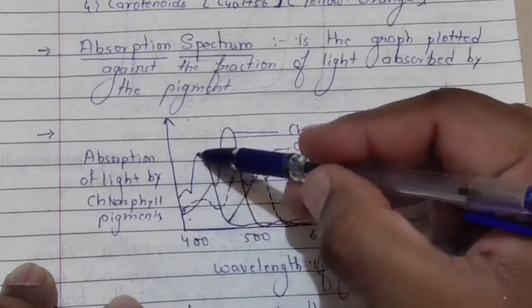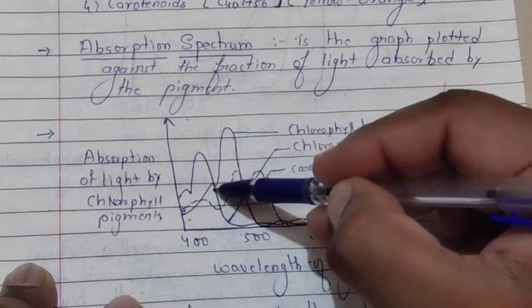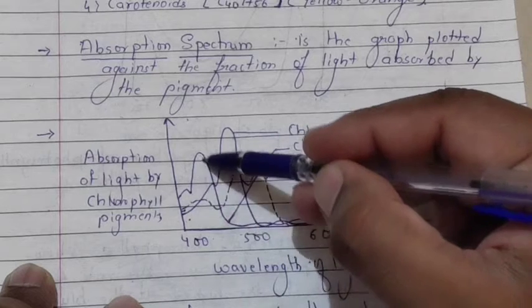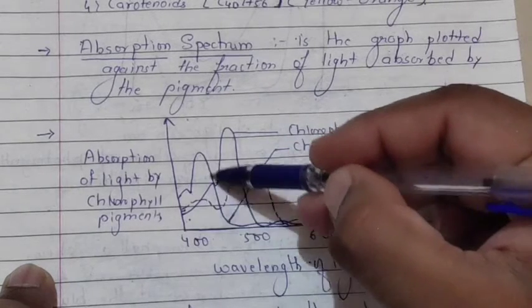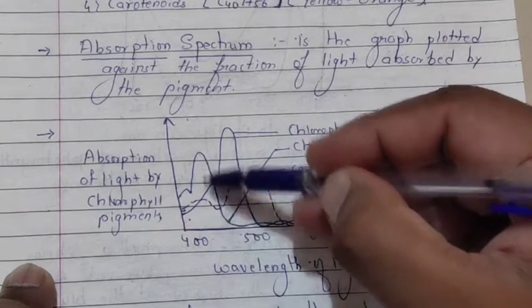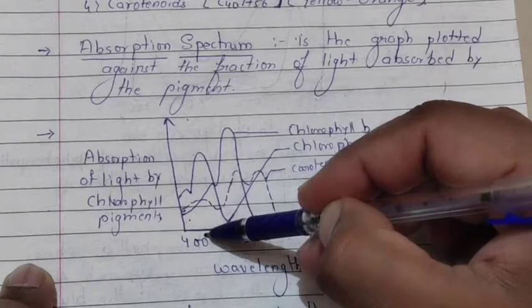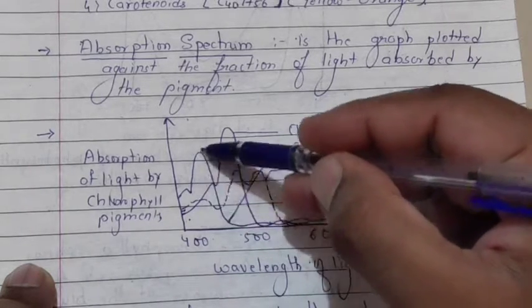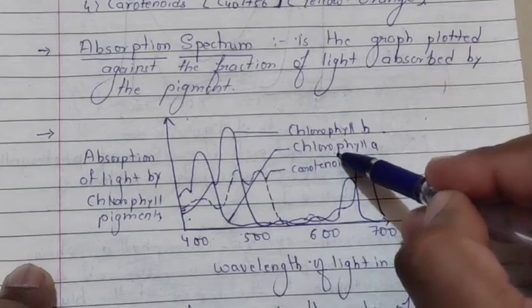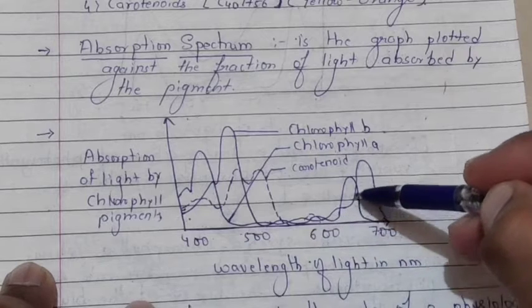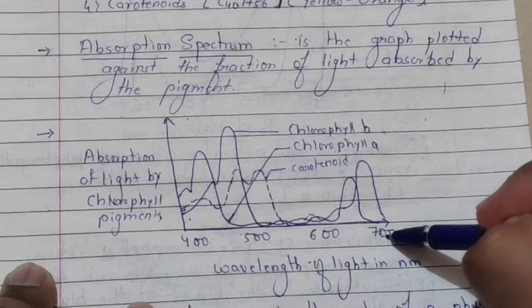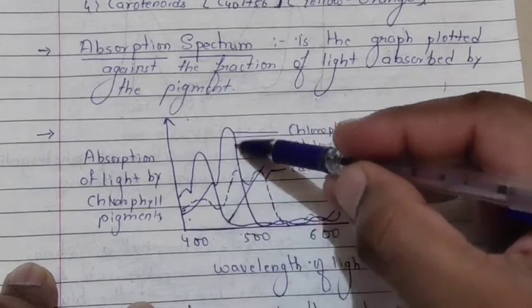Understood? So this peak is indicating the absorption of a particular wavelength of light, the highest peak at around 400 nanometer. Which pigment? Chlorophyll A. Not only near 400 nanometer, but it also shows a peak towards 700 nanometer. Clear?